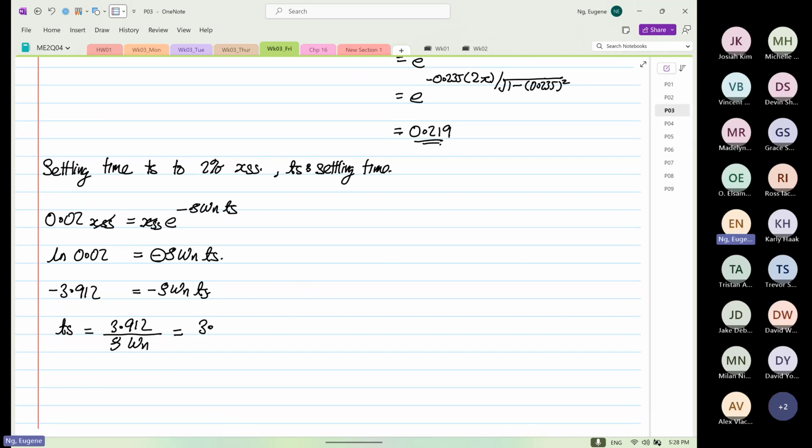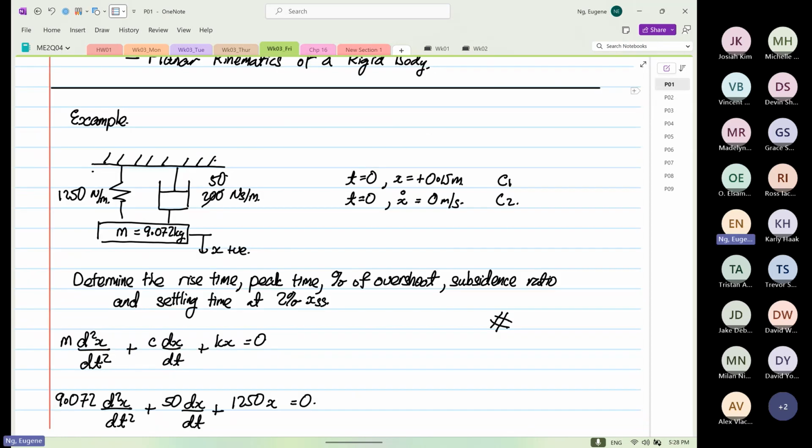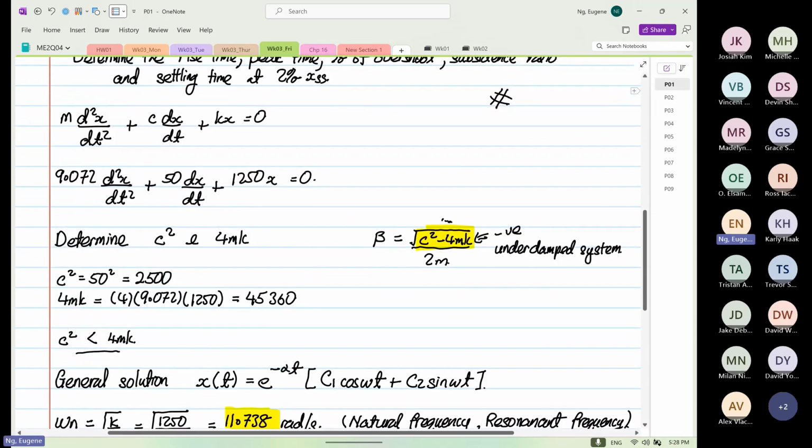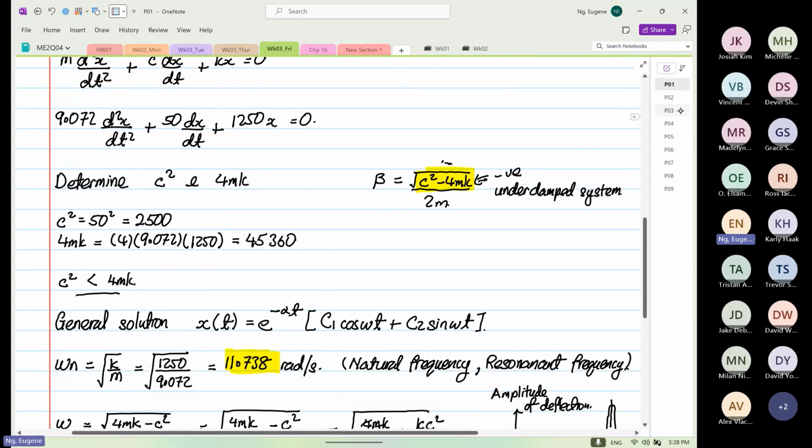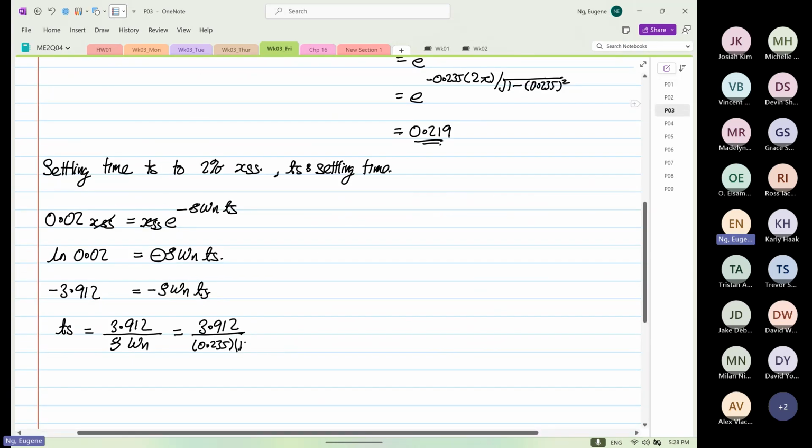So this is equal to 3.912 divided by zeta, which is 0.235. And then after that, we have our omega n, sorry, omega n, 11.738.